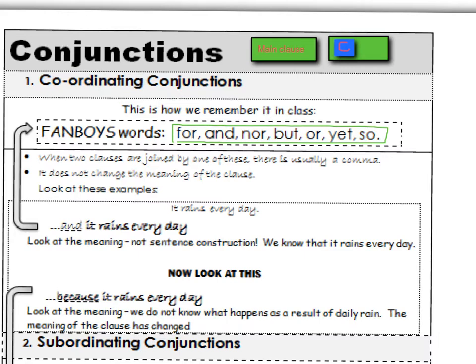When a clause starts with one of them, like this one, then automatically it changes that entire clause to become an independent clause. A main clause is also an independent clause.